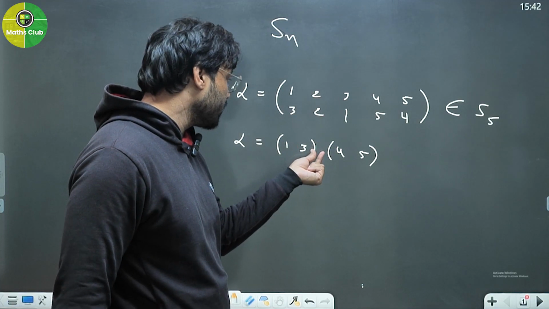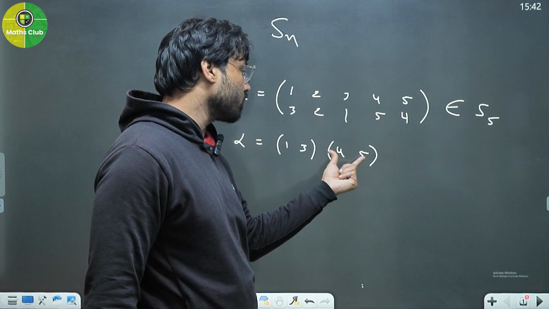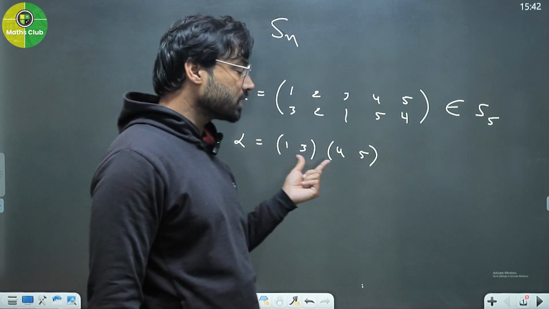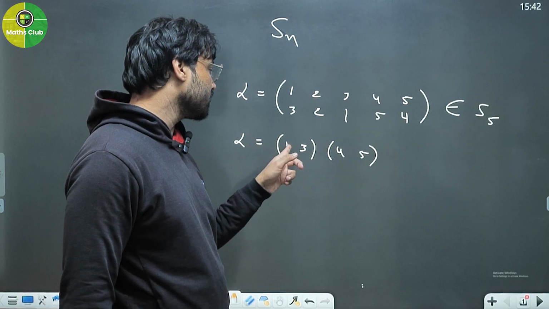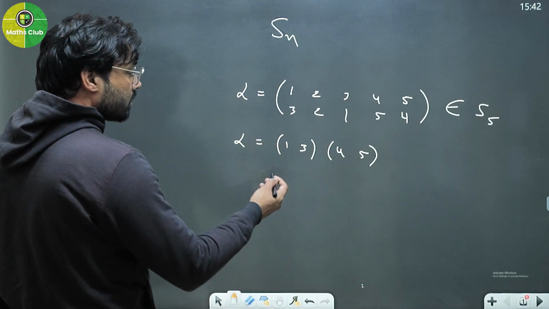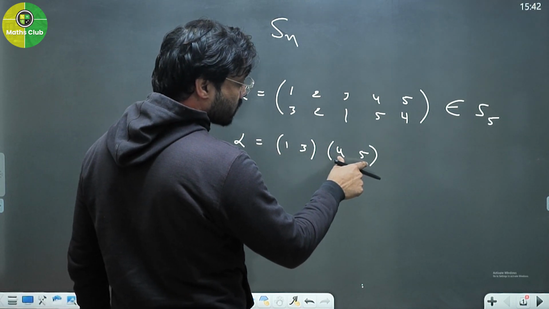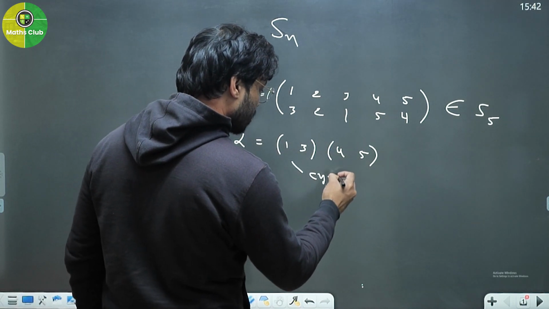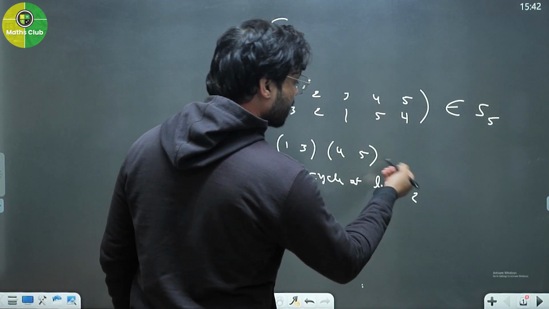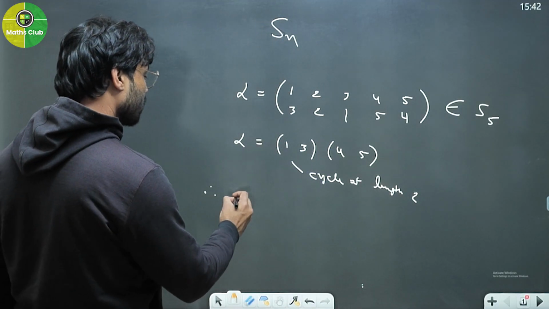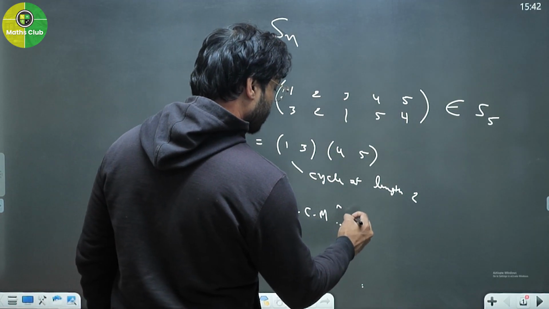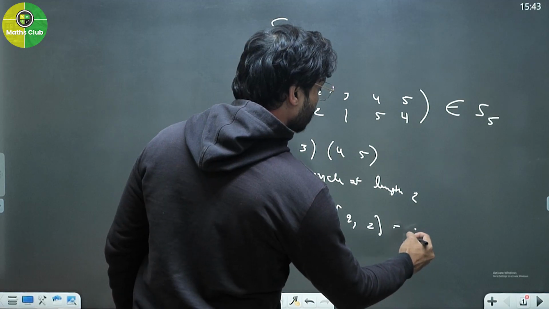Then 4 goes to 5 and 5 goes to 4, so that is (4 5). So alpha is a product of two disjoint cycles, obviously disjoint as none has a common element. This is a cycle of length 2, and this is also a cycle of length 2. Therefore the order of alpha is the LCM of 2 and 2, which equals 2.